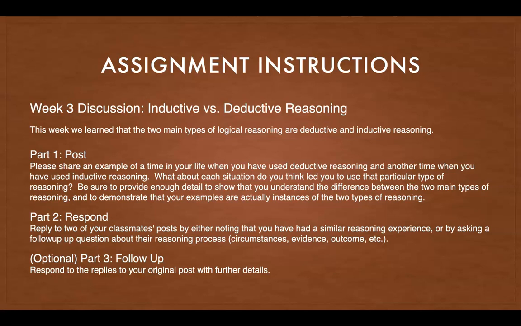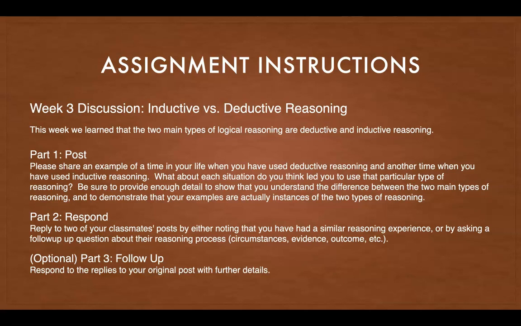Inductive reasoning is when you see a pattern of things happening, and because you observe that pattern, you assume that that pattern is going to continue, and so you can come up with the next step in that pattern, whatever it might be. So that's inductive reasoning, where you see a pattern and essentially guess at the next outcome. Deductive reasoning is because these things are true, the next thing has to be true.